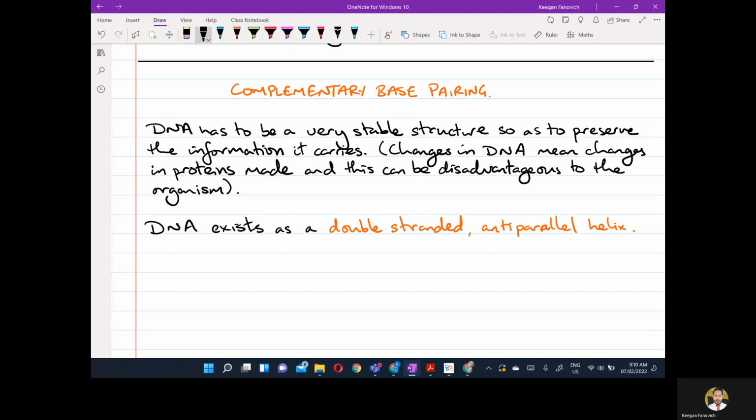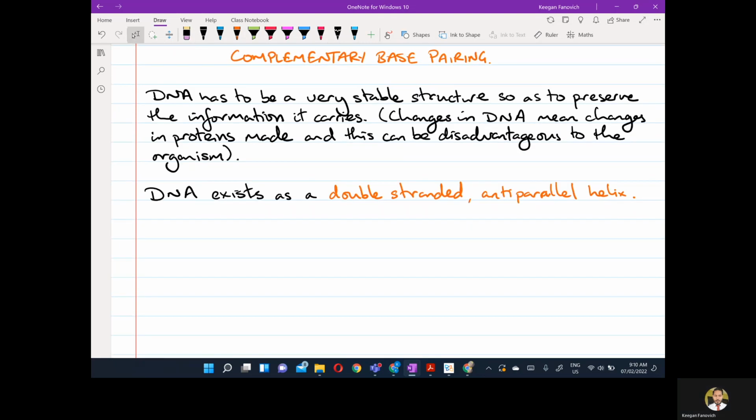Okay, so what do those words mean and stuff, right? So we have to still talk about the complementary base pairing itself, right? But you know, we have a couple other things to talk about with it.